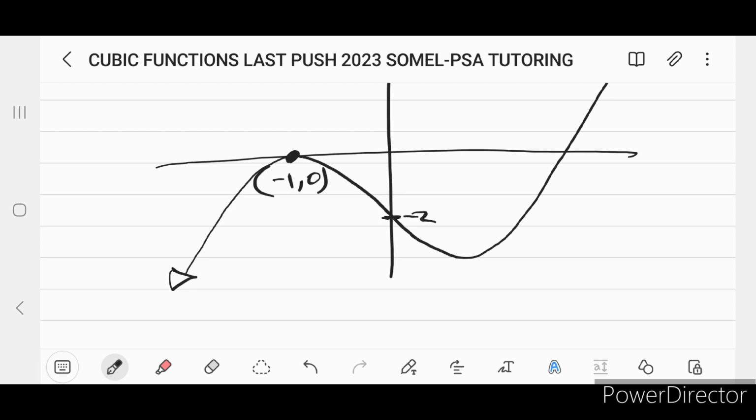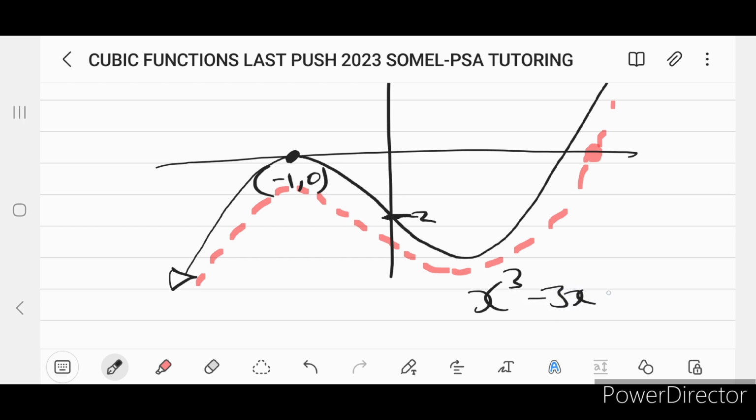Okay, so do you realize now that if I move this function further down than negative 2, I'm still going to end up with 1 root. But I must check, it's against which value? It's against minus 2. So for the other p, remember it was x cubed minus 3x plus 2 minus p equals 0.